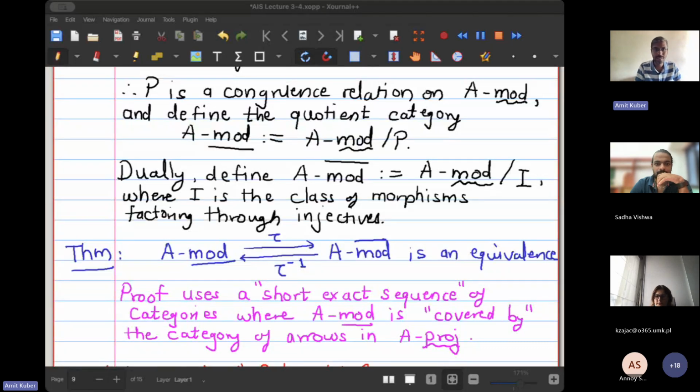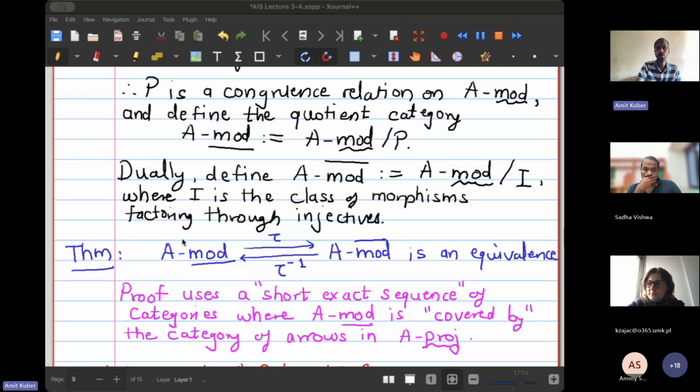The underlined bar is the notation which means the projectively stable category, and overline is the injectively stable category.